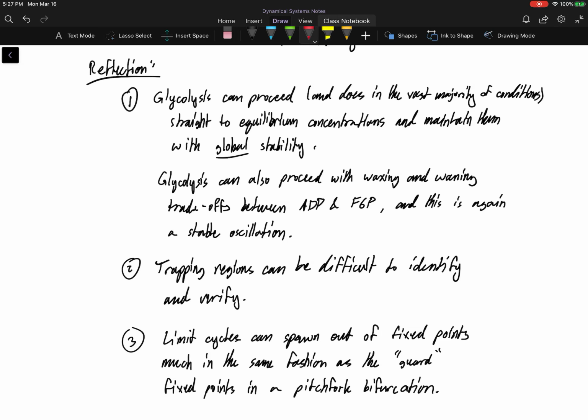We can trade off between ADP and F6P and oscillate between varying concentrations of the two to continue glycolysis with seemingly no ill effect, right?